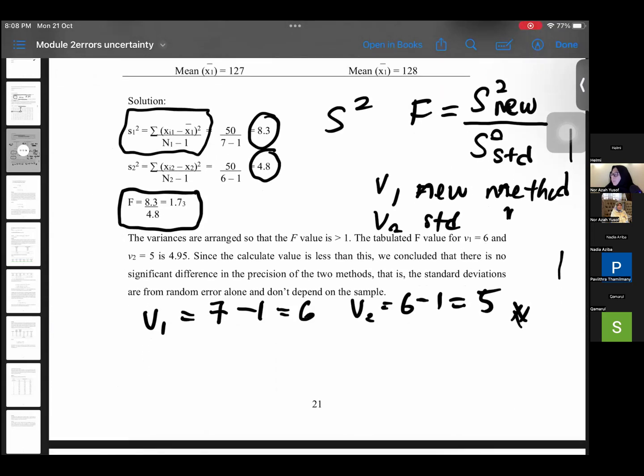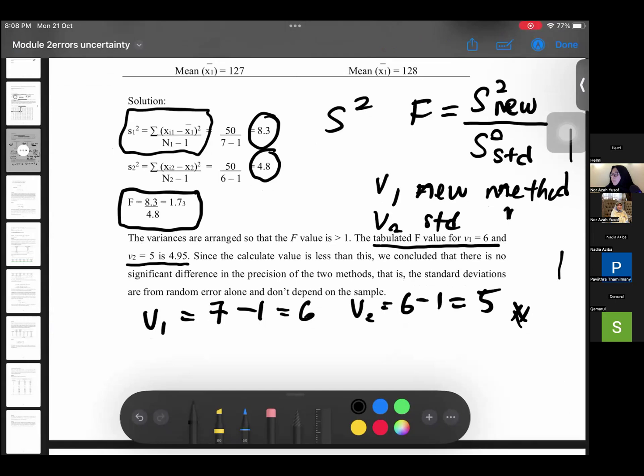So the F value from the table, as I have pointed out, is 4.95, and the calculated F is 1.7. Why is the 3 small? It is due to significant figures. I think you have to read about significant figures in your own time, but it's not for you to worry.